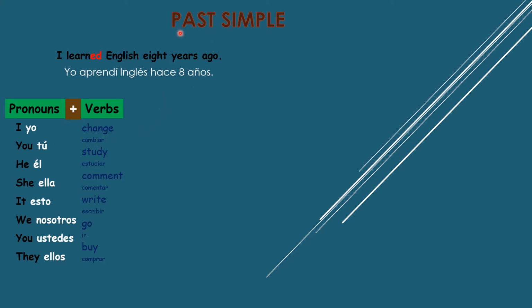Pero el tema dice past simple. For that reason, change the verbs to the past. Notice, pay attention. Changed, studied, commented, wrote, went, bought.